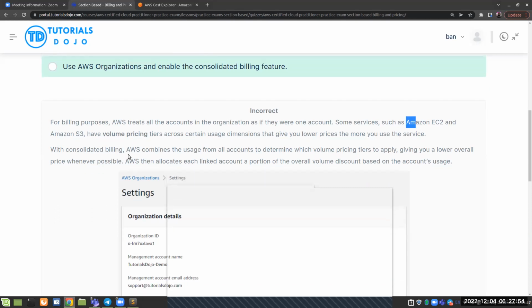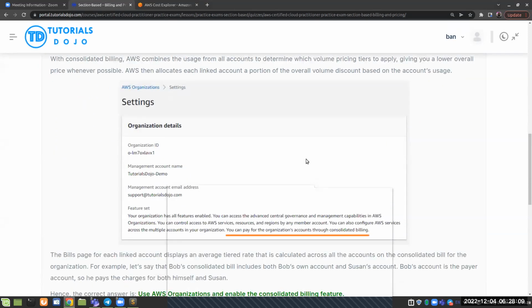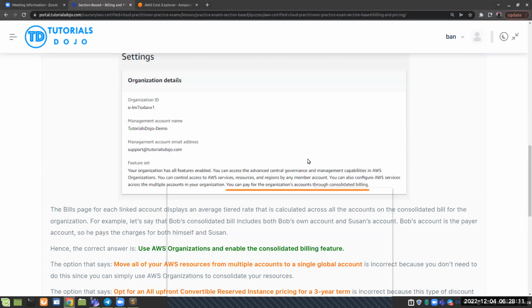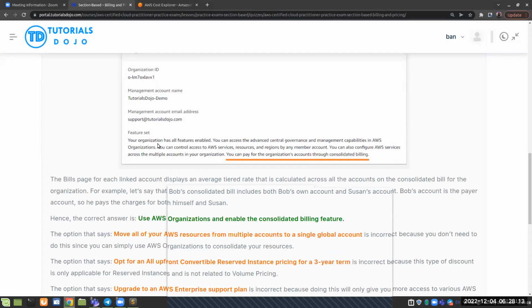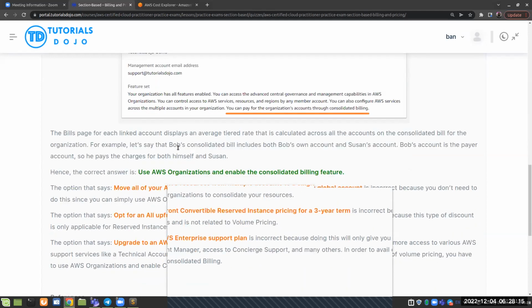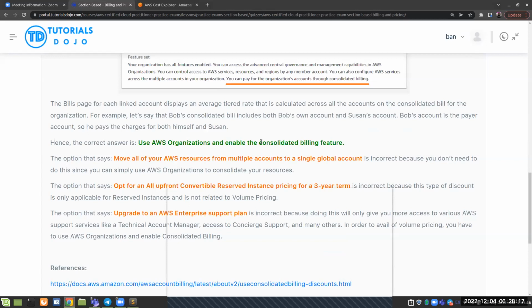With consolidated billing, AWS combines the usage from all accounts to determine which volume pricing tier to apply. AWS will look at all the accounts, see which one has the cheapest pricing, and apply the lowest one possible. That's what you do when you are talking about consolidated billing.